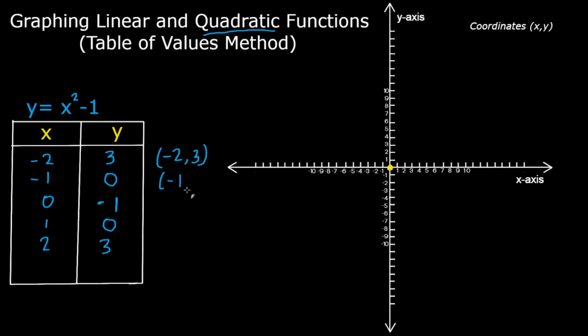And then negative 1, 0. So, parang yung kanina lang talaga, no? And then 1, 0, then 2, 3. Now, ang negative 2 and 3, dito siya, negative 2, 3. Then, sunod, negative 1, 0. Negative 1, 0. So, dito siya.